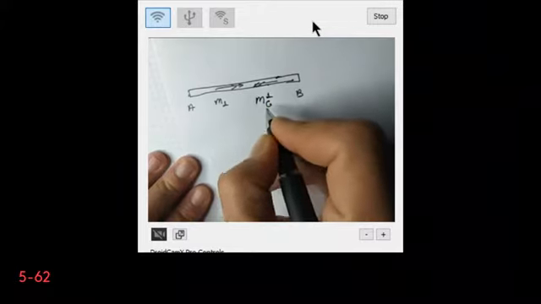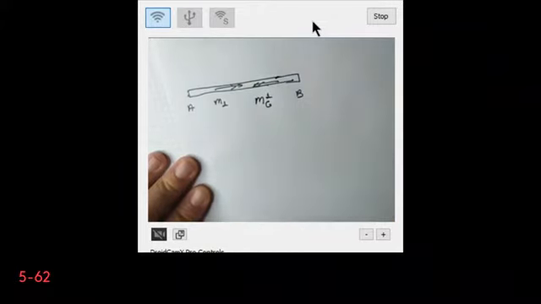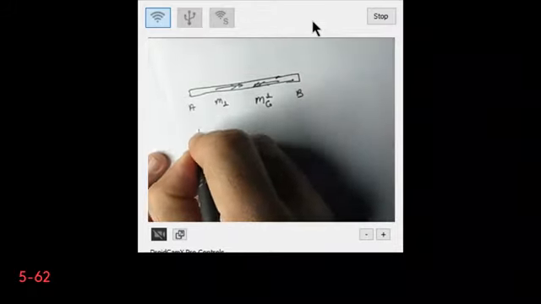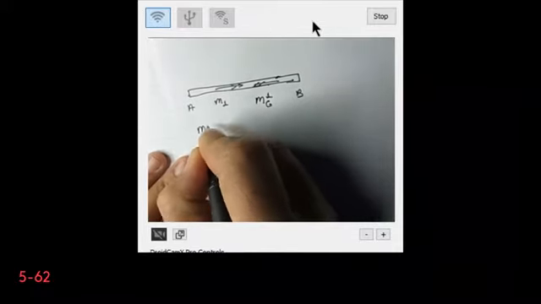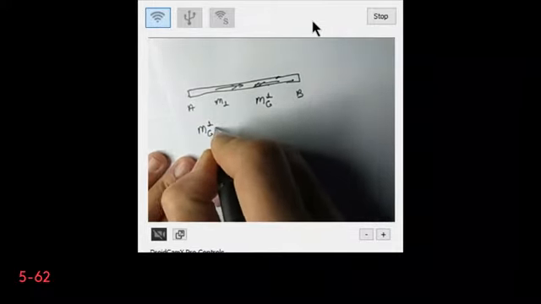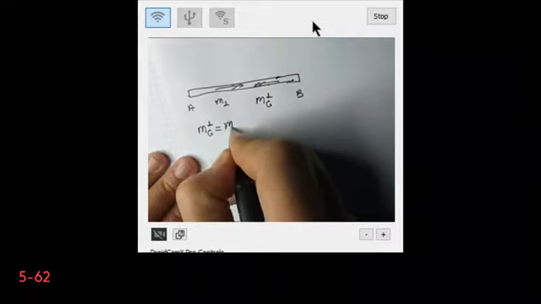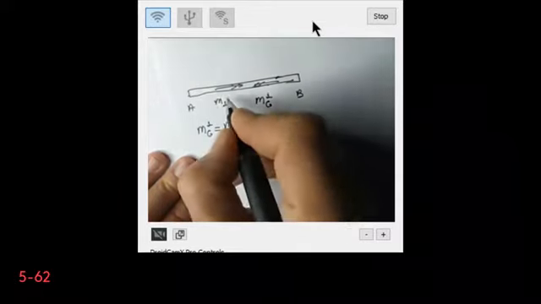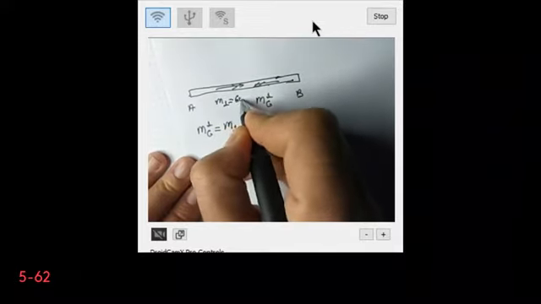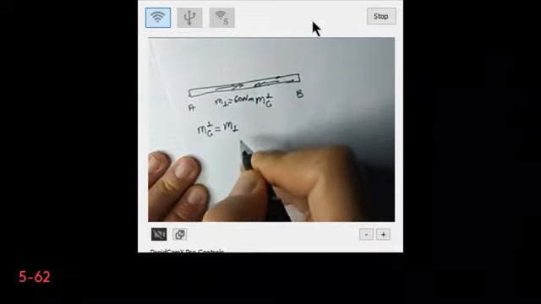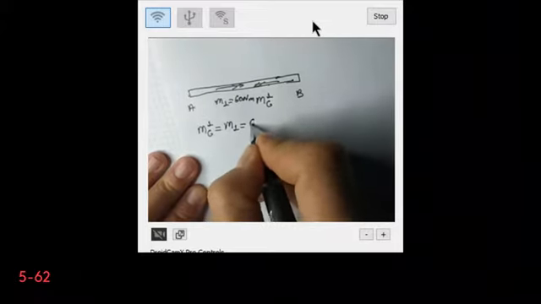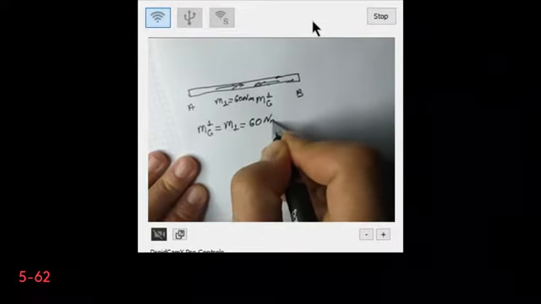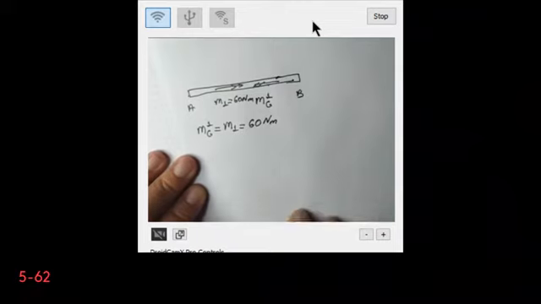So this will be my first gear, and obviously because of the static equilibrium I can easily say that mg1 is equal to M1, because the sum of the moments has to be equal to 0. Remember that M1 is equal to 60 Newton meters, therefore mg1 is equal to 60 Newton meters.